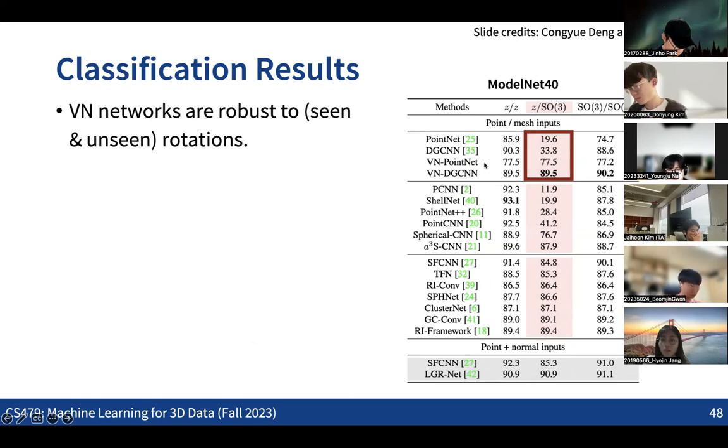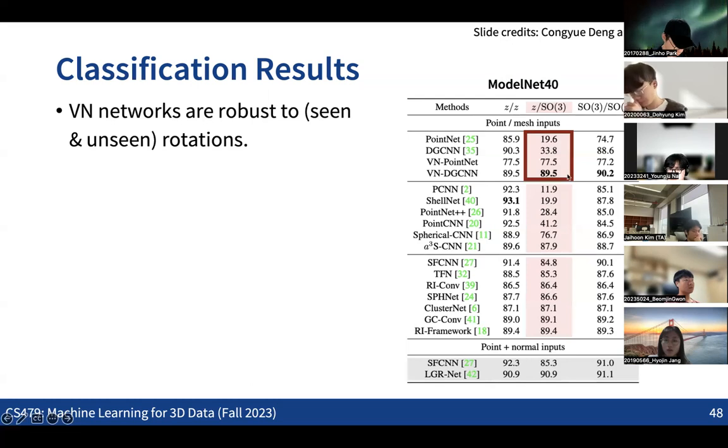But since the PointNet and the DGCNN with the vector neurons are basically rotation invariant, the output should be exactly the same, which means that the accuracy also should be exactly the same, right? Makes sense?